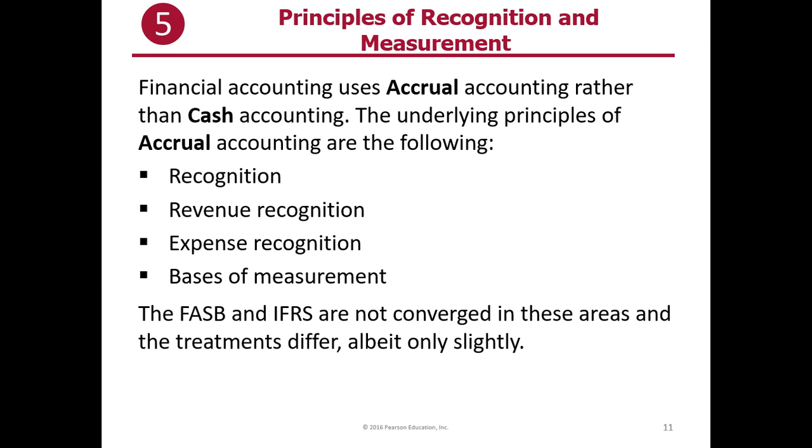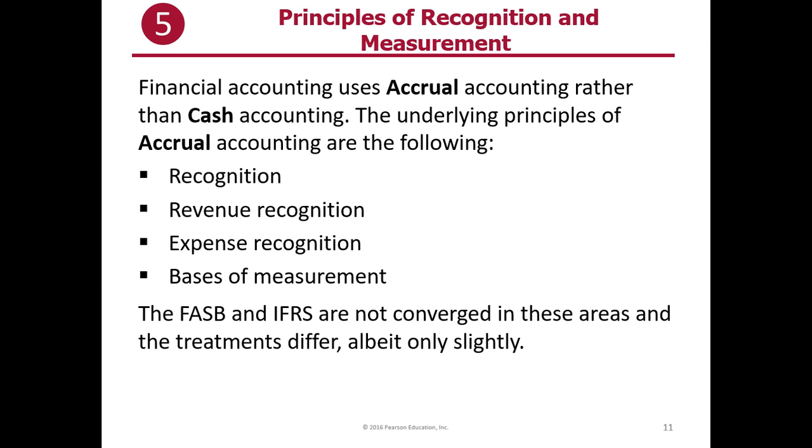So based on different business models, the Financial Accounting Standards Board and the accounting standards bodies felt that there is a need to change the accounting. So the new accounting system is called the accrual accounting system.